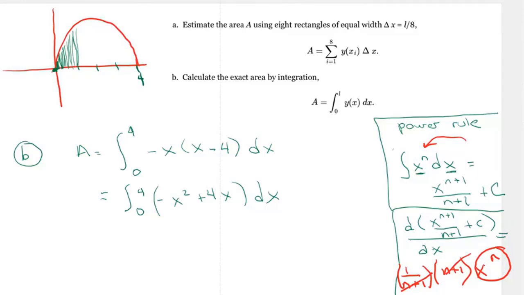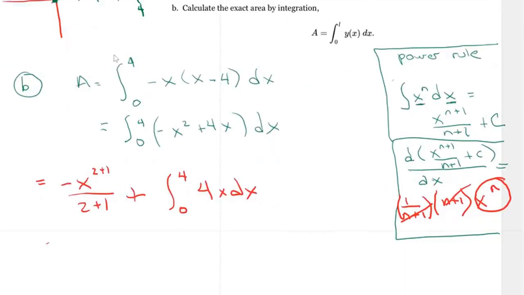Now it's a matter of just using the power rule to integrate, and then we're going to plug in the values. The integral of negative x squared is negative x to the 2 plus 1 over 2 plus 1. Plus the integral from 0 to 4 of 4x dx, because I haven't integrated that 4x yet.